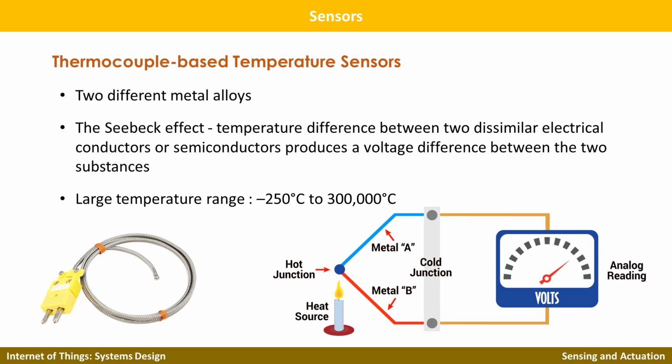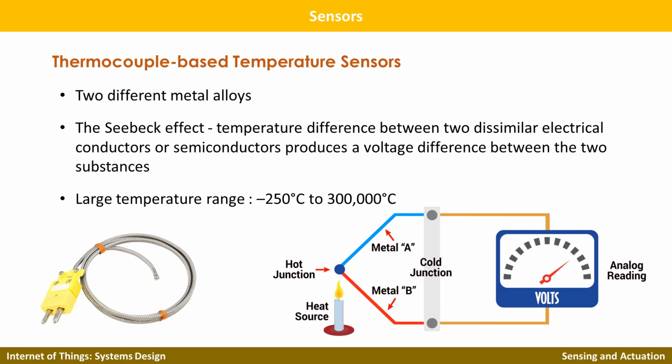Thermocouple-based temperature sensors are developed based on two different metal alloys. The Seebeck effect, which is described as a temperature difference between two dissimilar electrical conductors or semiconductors, produces a voltage difference between the two substances. You can clearly see the idea in the diagram, where you have metal A and B, and the joint junction, where you increase the temperature.